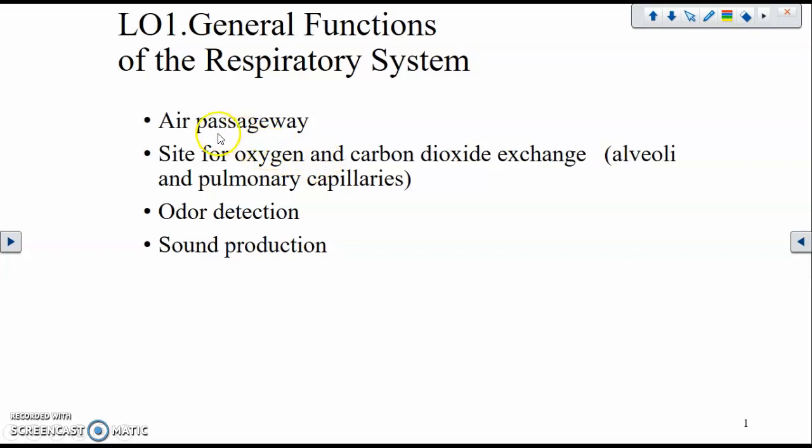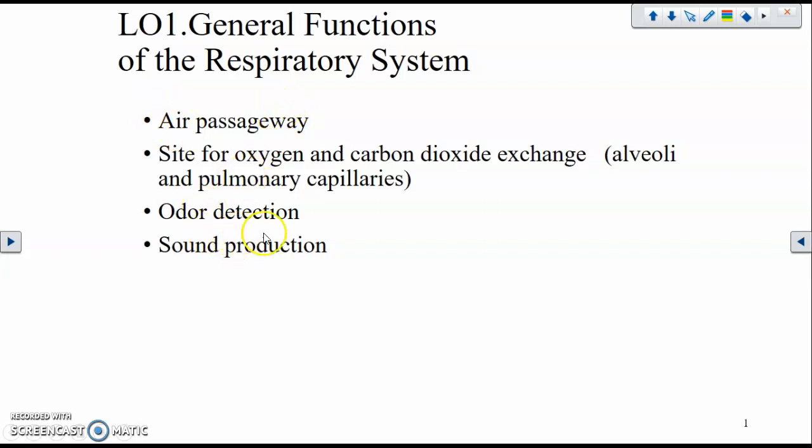Obviously the most important part of that function is actually the second function, which is the site for oxygen and carbon dioxide exchange. Now the first and the second bullet are related because you cannot have oxygen and carbon dioxide exchange, or gas exchange, without a proper and patent air passageway. All right.